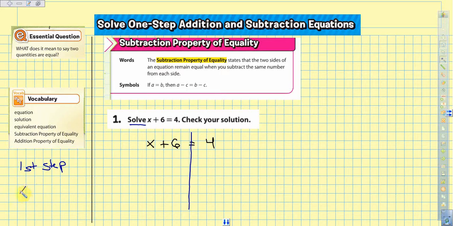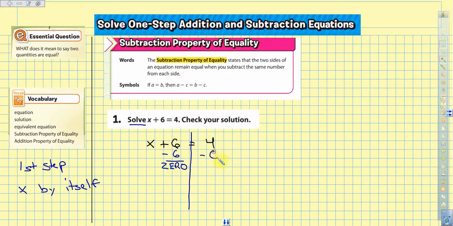We're trying to get x by itself, or isolate the variable. That's another word for it. So we're going to subtract 6. That becomes 0. If I subtract 6, I get 0.